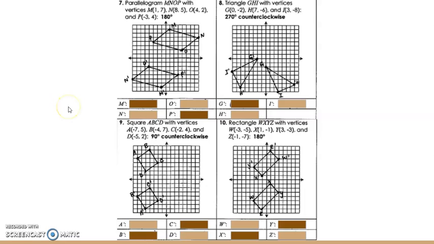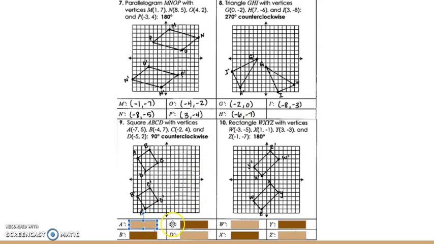When we do 7, 8, 9, and 10, that's going to be the same process. So as long as you remember your rules, you'll be in good shape. I am just going to show you those answers so you can check it with your own work. Remember, with a 180-degree rotation, we are doing negative x, negative y.